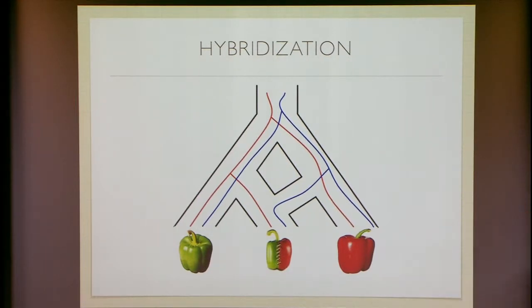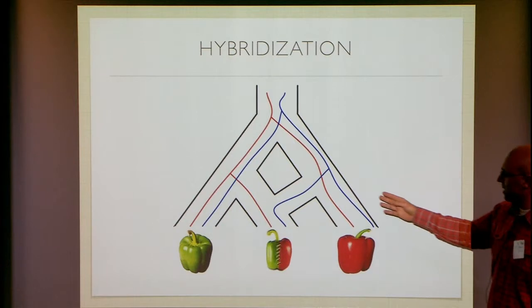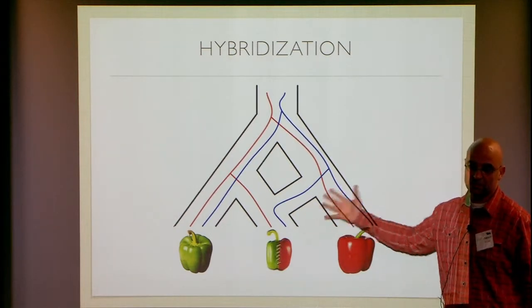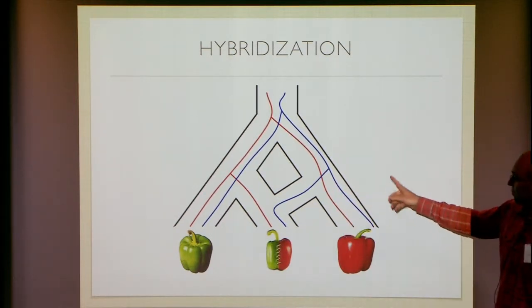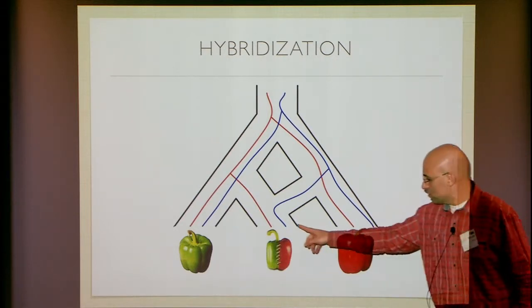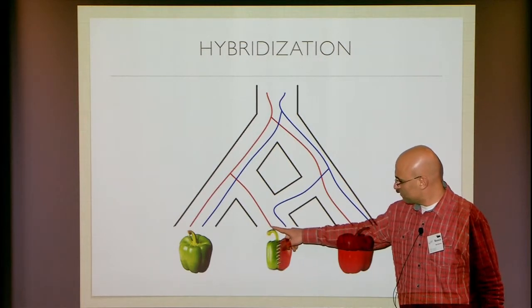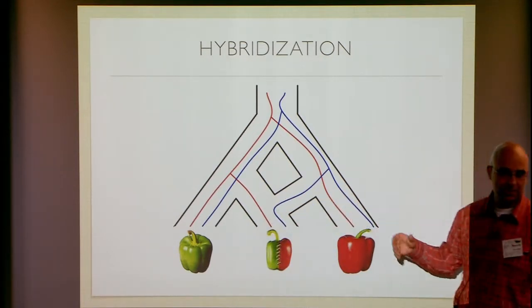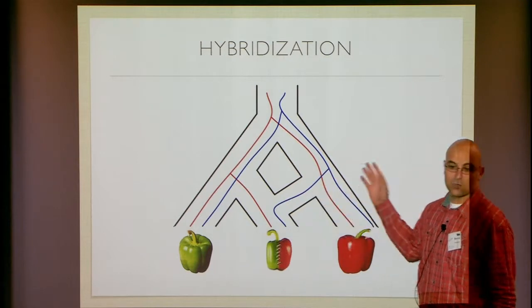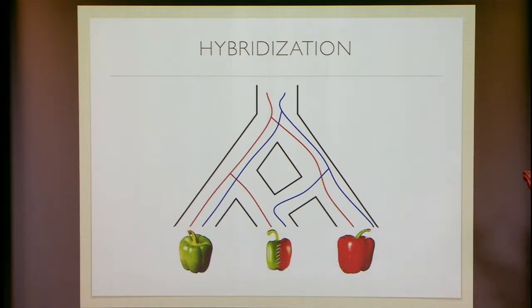Okay, so when we have hybridization, imagine we have gene flow happening from one species to another, from one population to another, and when this happens, now if you look at gene copies in this hybrid population, you can trace the evolution of some of the genes to the left parent, I'm going to call it left parent, or some of them are going to go right. So here in this case, if you look at the blue and the red genes, we have exactly the same 2 topologies that I showed before, exactly the same incongruence between them, but incomplete lineage sorting is not playing a role here. This is because of hybridization.